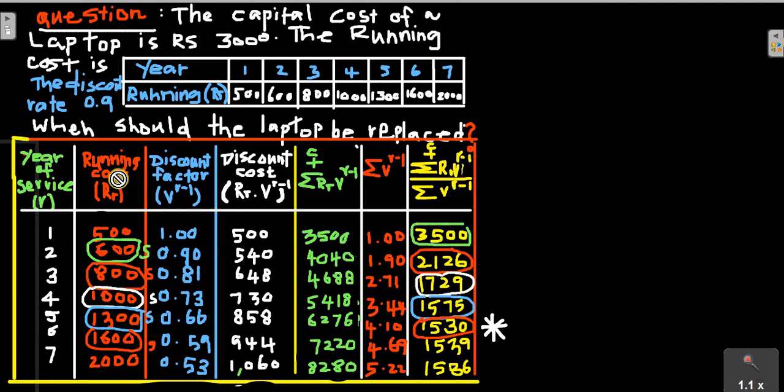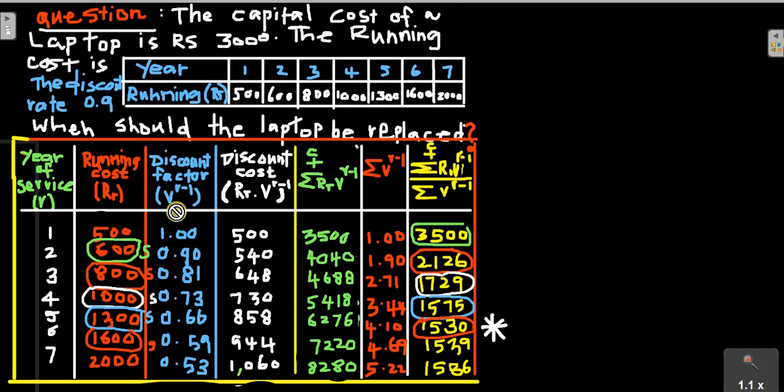Secondly, we have to write the running cost, or maintenance cost, as given here: first year 500, second year 600, third year 800, fourth year 1000, fifth year 1300, and like that, last year running cost is 2000. Now we have to calculate the discount factor.